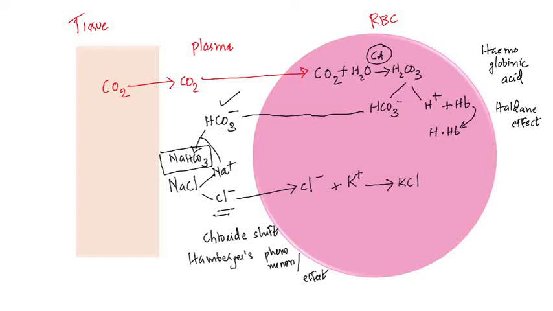This sodium bicarbonate is carried to the lungs by the blood. So the bicarbonate is transported within the blood to the lungs. Once the blood reaches the lungs, the NaHCO3, sodium bicarbonate, is going to dissociate into sodium and bicarbonate, and from the bicarbonate carbon dioxide is going to be liberated.